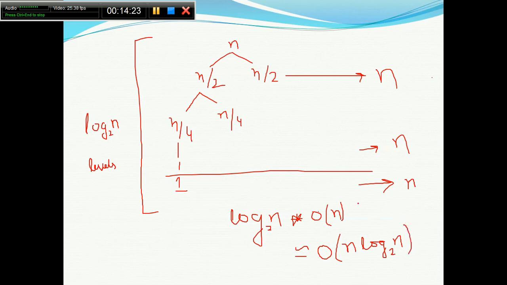We have n elements and keep dividing until we get one element each. We have log n levels, and every level the cost for merging is n, so the overall complexity is n into log n, that is order of n log n base 2.